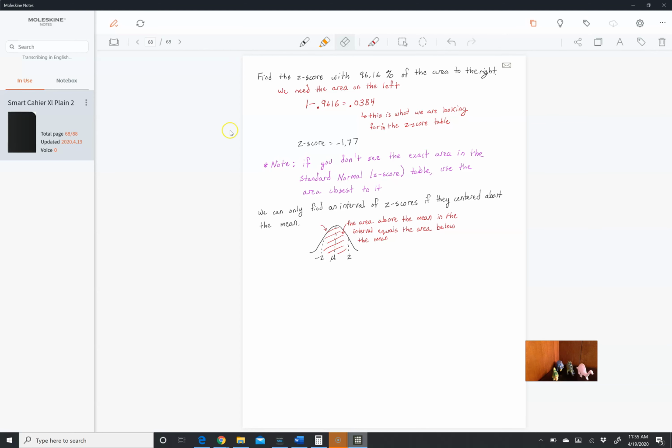We're talking about these two, okay? So these are the same. This is the area below. So on each side, it's the same. You can't have an interval that's shifted and then be told, okay, well, the area in that interval is 0.95. Now find the interval. You can't do it that way. This is the only way that you can do it as of right now, okay?